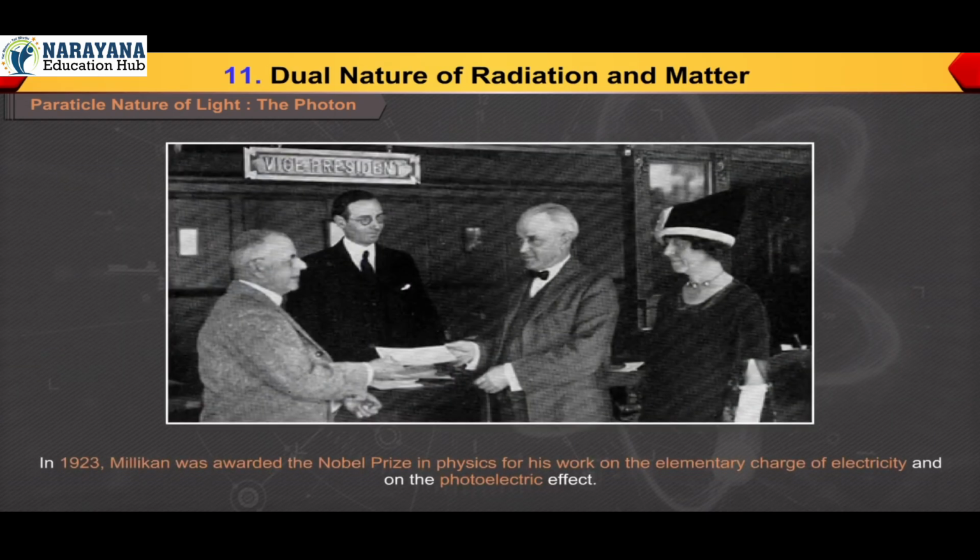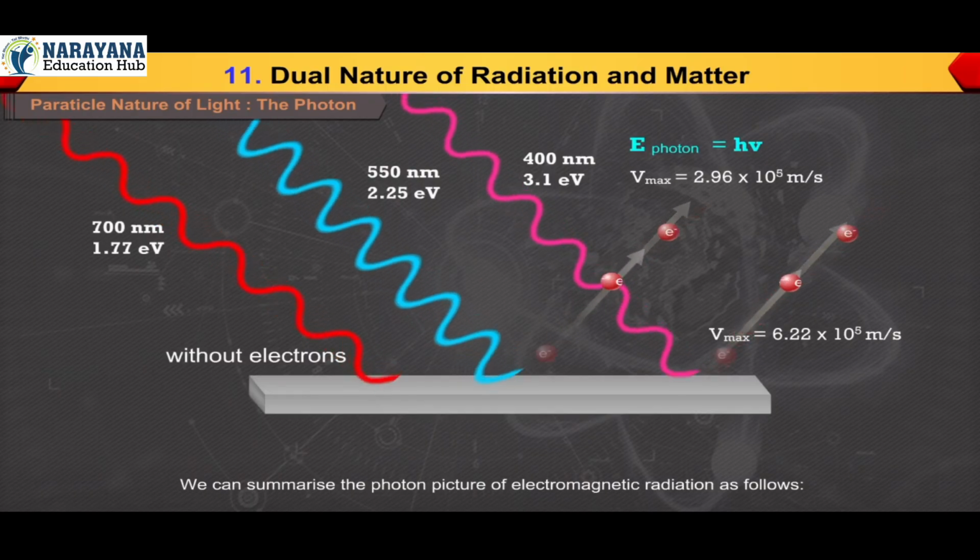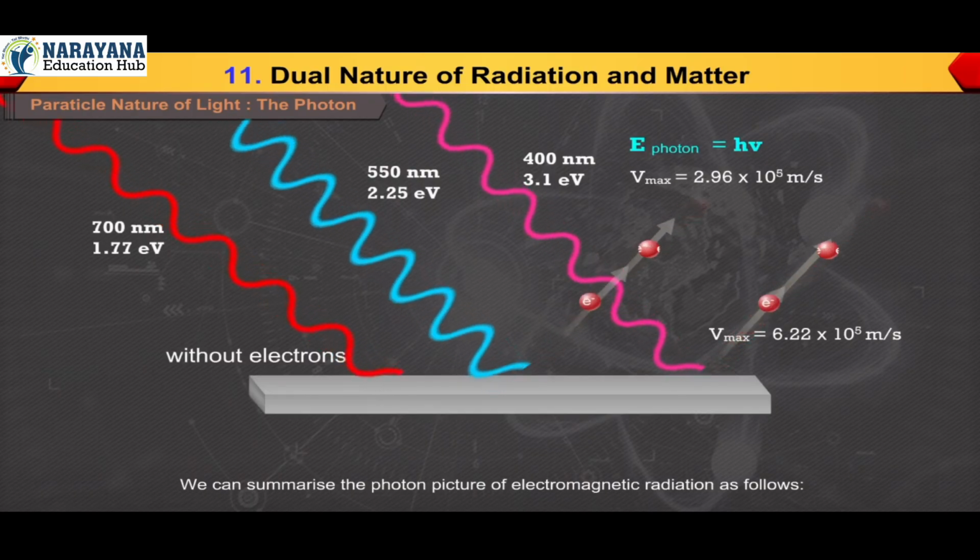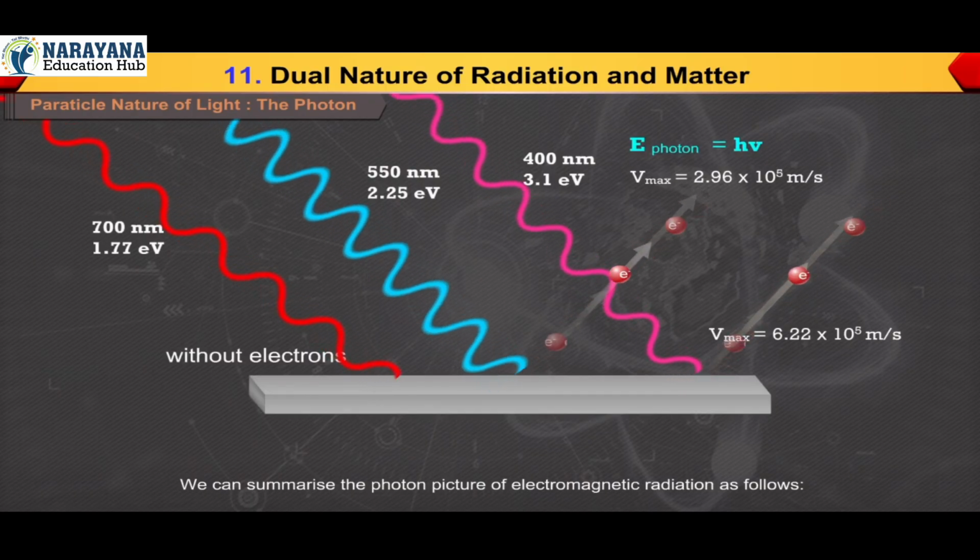In 1923, Millikan was awarded the Nobel Prize in Physics for his work on the elementary charge of electricity and on the photoelectric effect.